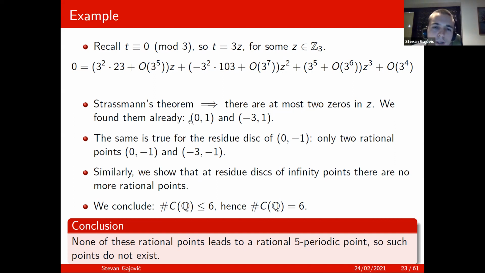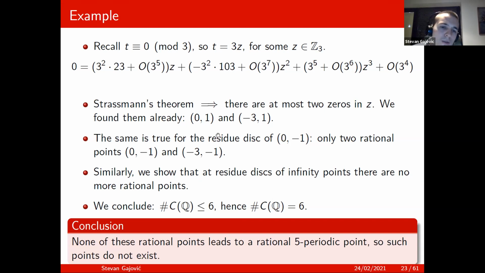And then we know that there are 2 rational points in the residue disk of (0, 1), because (-3, 1) is in the same residue disk modulo 3. And the same is true for the other residue disk (0, -1). So we get another point (-3, -1).